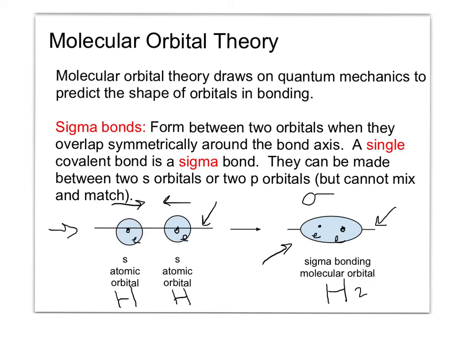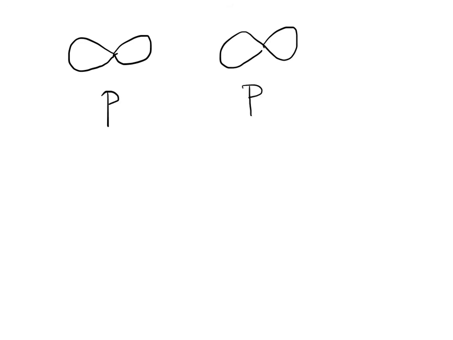We also can talk about making a sigma bonding molecular orbital between 2 p orbitals. So let's think about a fluorine atom. A fluorine atom has its outermost electrons in p orbitals. So nuclei here, very small, right? So if these 2 fluorine atoms want to bond together, they have to come close enough so that those orbitals overlap.